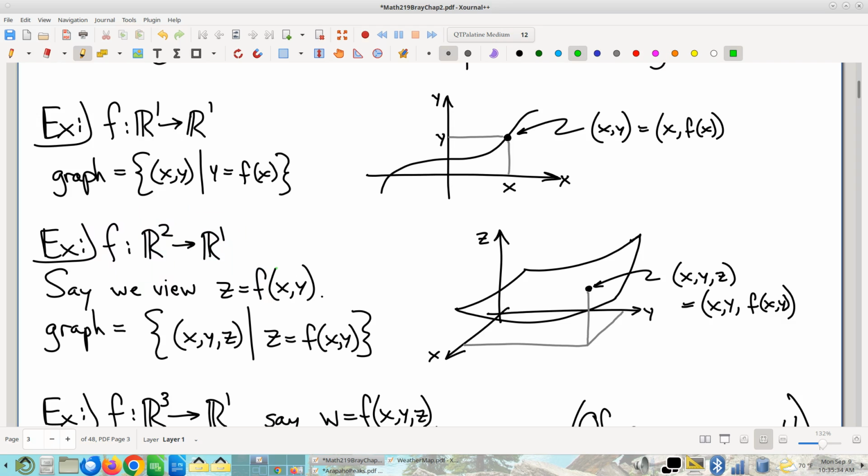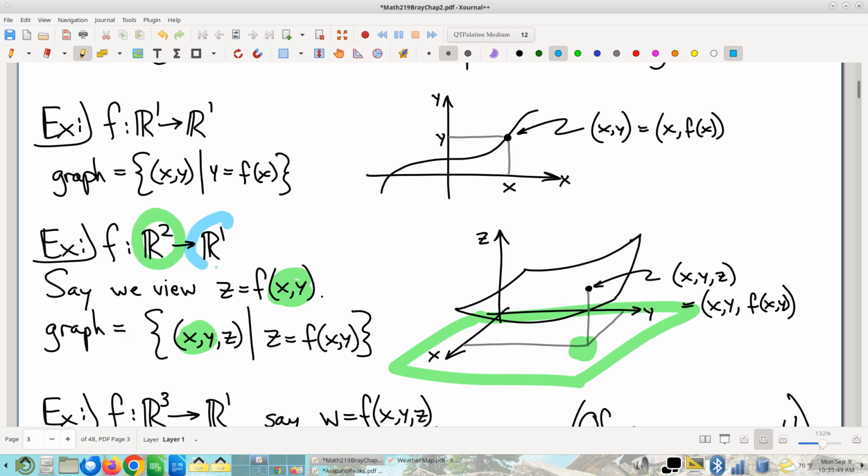For all of the different inputs, for every point, in other words, down here in the xy plane, let's go ahead and put those coordinates in there. We're going to look at the corresponding output value. That's a single value. Go ahead and put that output there, which again on my picture is going to be like here or something.